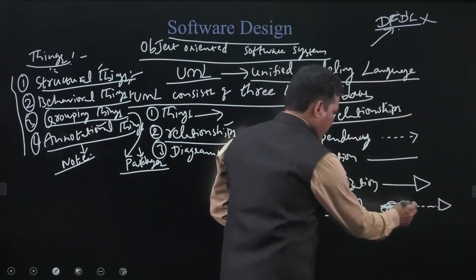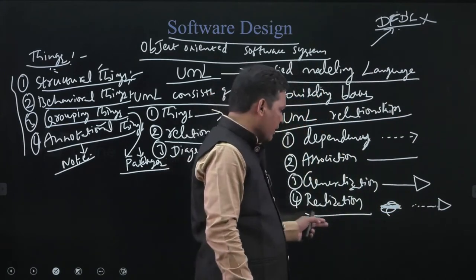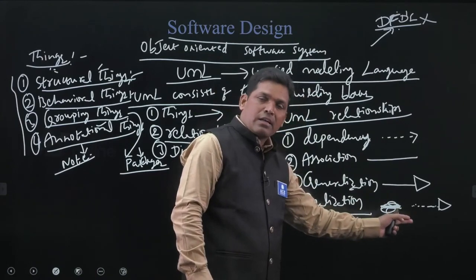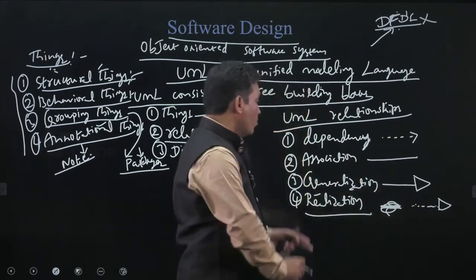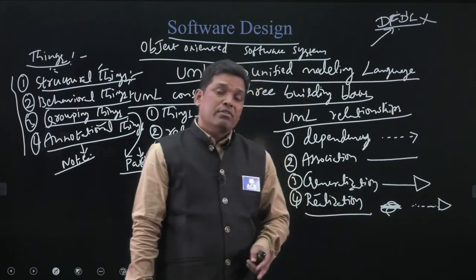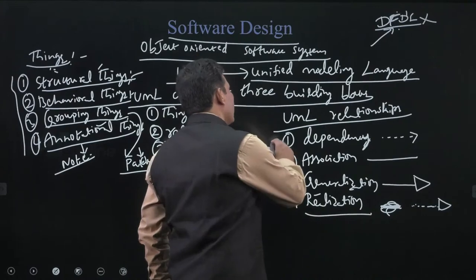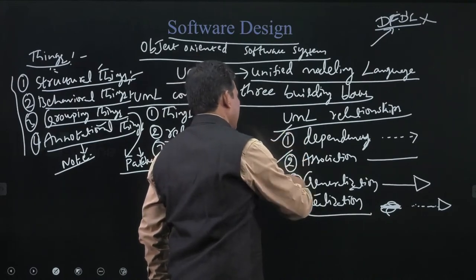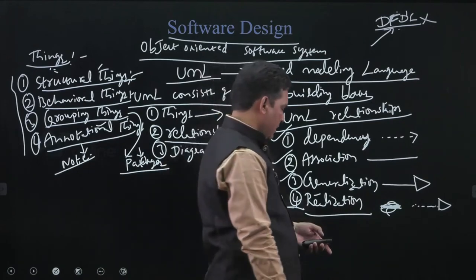There are two classes, and one class gives a responsibility that the other class has to perform. In that situation we use realization. While designing or modeling a software system, the first three relationships are used very frequently, and realization is used very rarely. That is the importance of relationships.